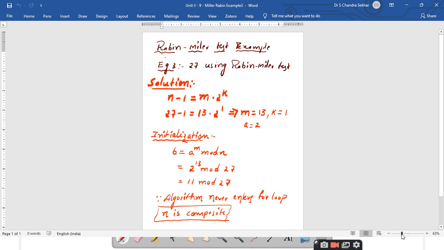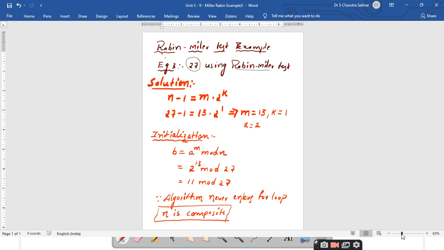We'll check whether 27 is prime or not using this Rabin-Miller test. Can anybody tell me whether 27 is prime or composite? Composite, sir. Let us test whether 27 passes this Rabin-Miller test or not.